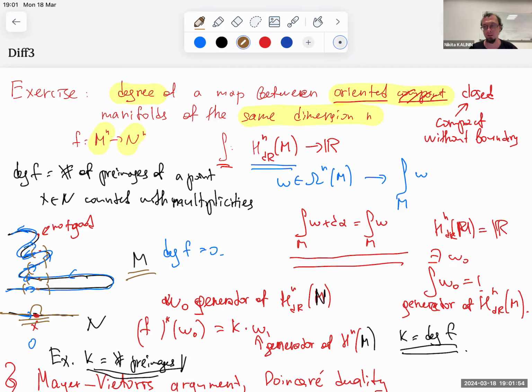Today we will prove it, but to solve this exercise you can just assume it. Then the exercise is reduced to two simple questions which can be solved without knowing that the top cohomology is one-dimensional.